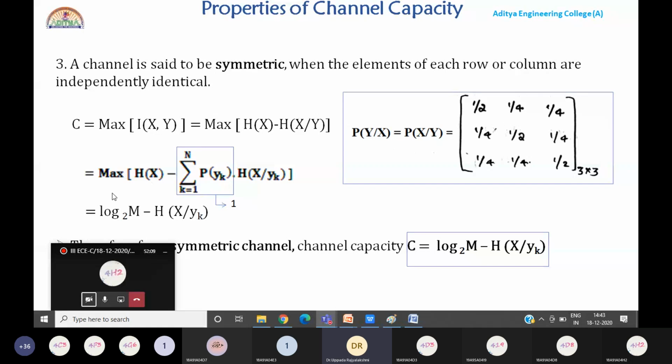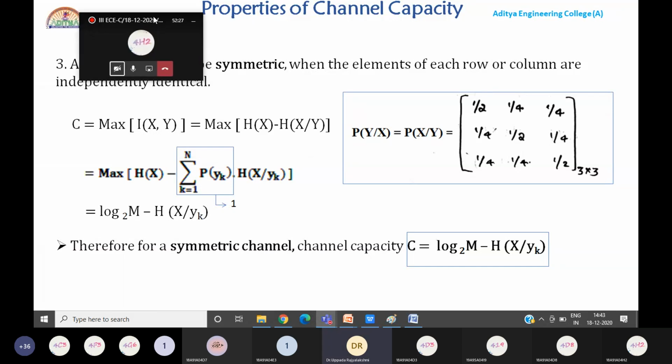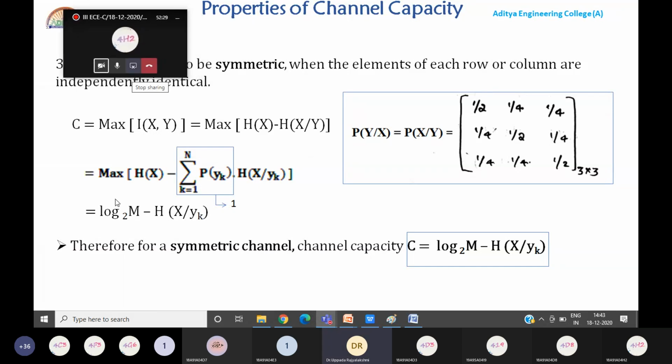First term maximum entropy is log m base 2 minus, replace this summation k is equal to 1 to n p of yk as 1. So if you replace this as 1, you will get only h of x by yk. So what is the capacity of symmetric channel?